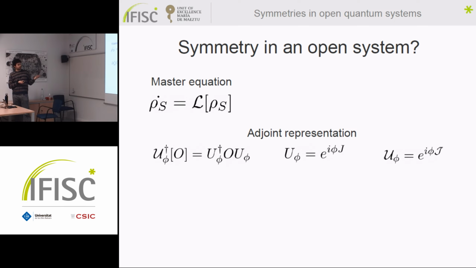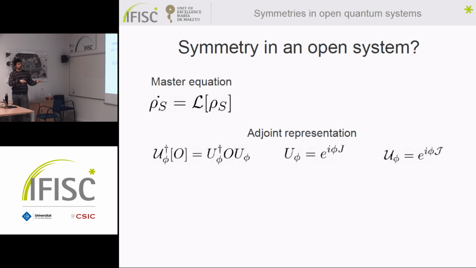Things get a bit tougher, in the sense that we have to introduce what is called the adjoint representation, that maybe you have heard about. What is it? Well, we have a symmetry like before, this one. This is an operator, the symmetry that we were discussing before, only on the system.